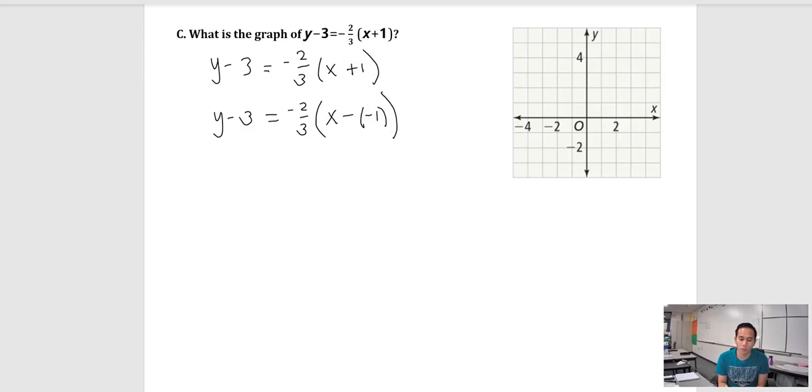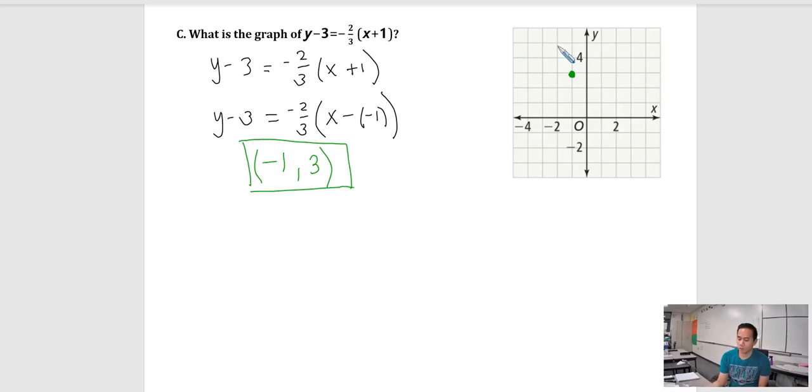So the point here would be (-1, 3). We plot that point: -1, then up 1, 2, and 3. So this is the point. That's the first step: identify the point on the given point slope form.